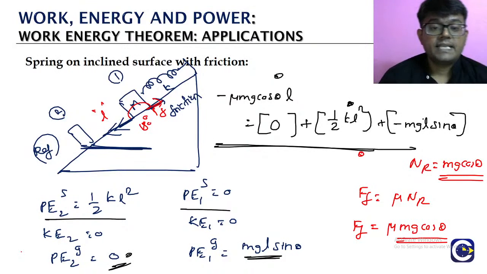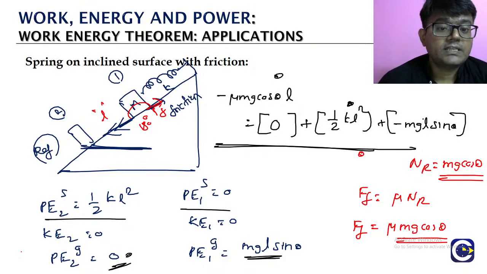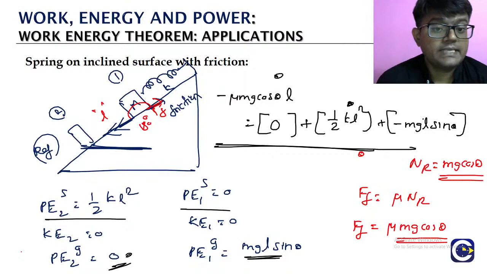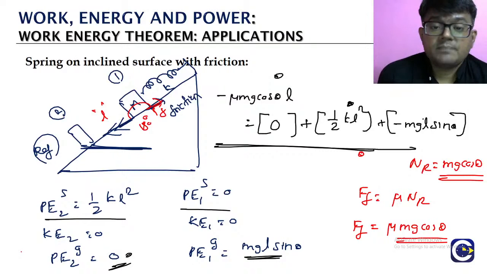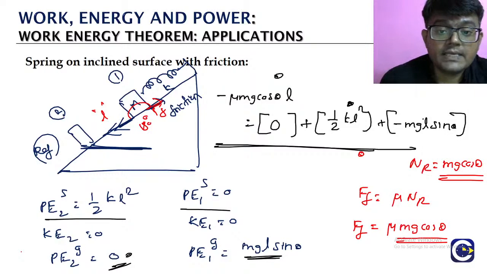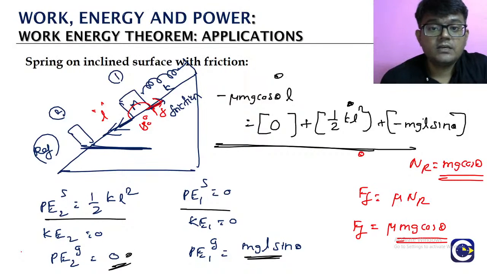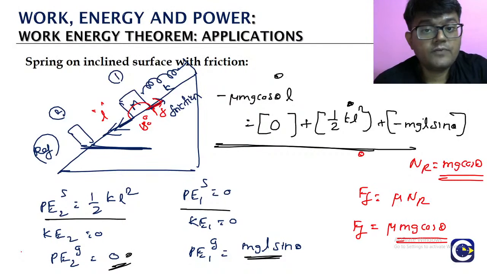In the next session, we will start with vertical circular motion. That is an important one. We'll spend some time, do some important derivations in that, and then also look at how the work energy theorem is applied in understanding the vertical circular motion of an object.